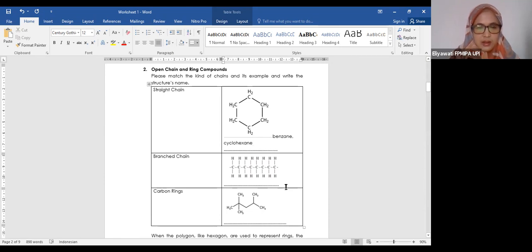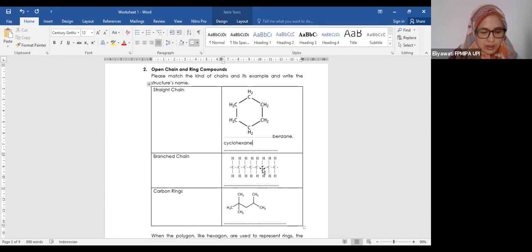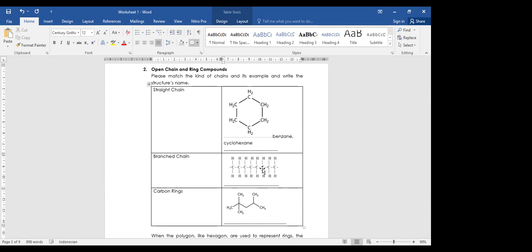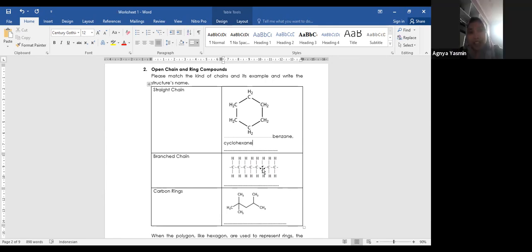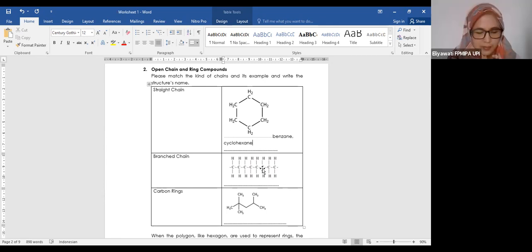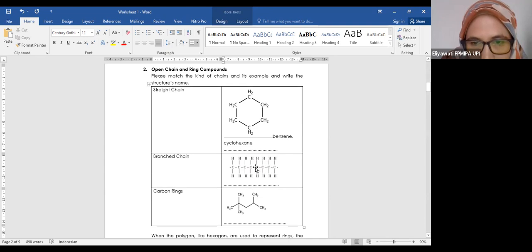The next one, this. Straight chain. So what is the name? Alkane or octane? 1, 2, 3, 4, 5, 6, 7, 8.